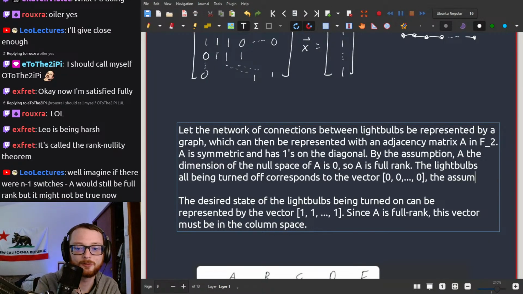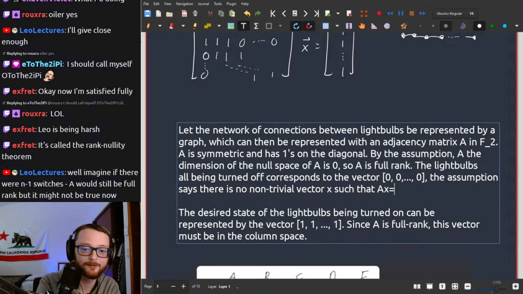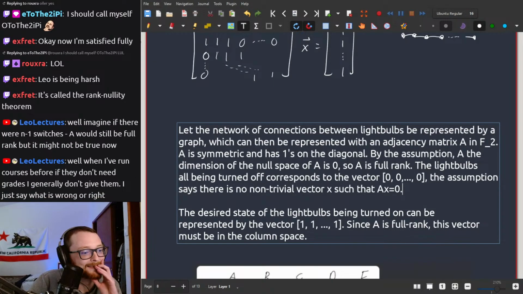The assumption says there is no non-trivial vector X such that A times X equals 0. There we go. Rank nullity. Yeah.